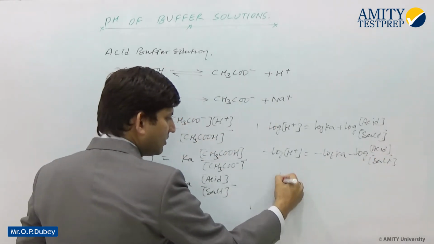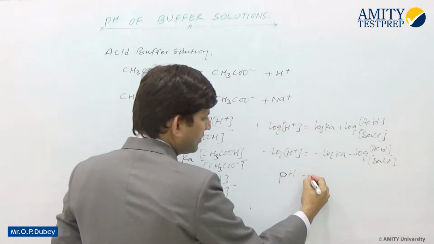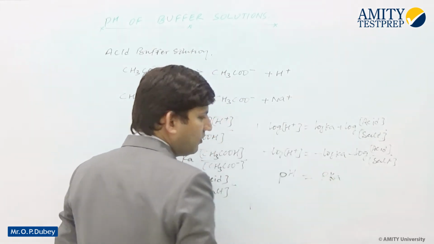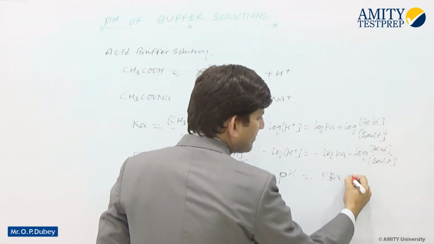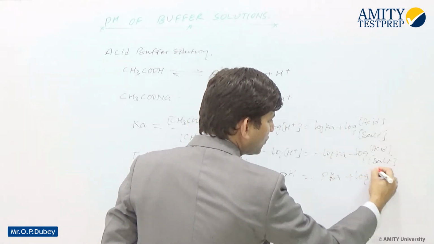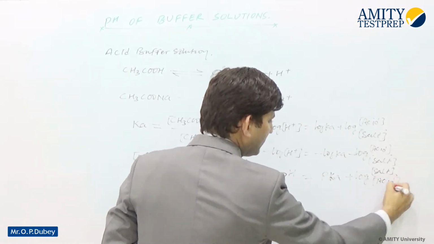Minus log H plus ion concentration is equal to pH. Now we can write this formula as: pH of this solution is equal to pKa value of the acid plus log concentration of salt upon the concentration of acid.